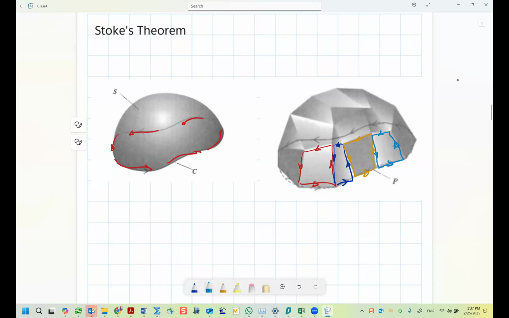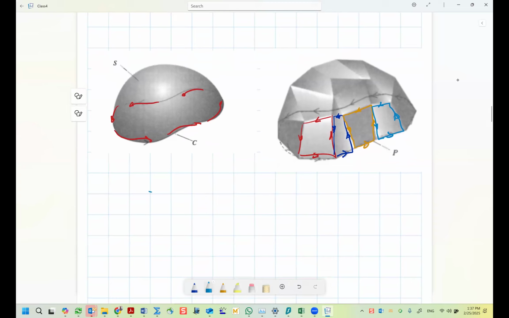Now, if you want to integrate over this surface, you will say, okay, what is the sum? Let me change the color. This blue is not so good. The sum of all these surfaces, from i equals 1 to n, of these little contours, they call it the C_i. Over each one of the little contours, it's a closed integral of F, whatever field of force is there, times the path, let's call it dl.